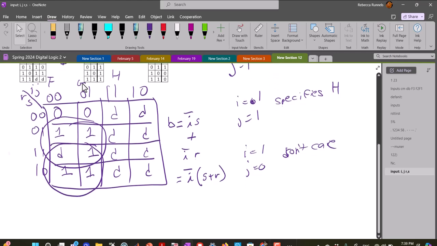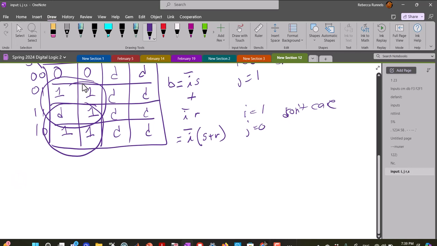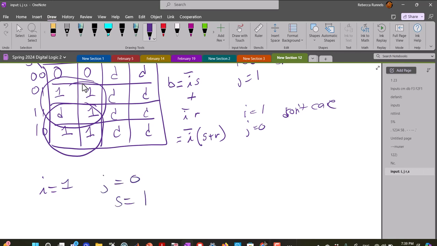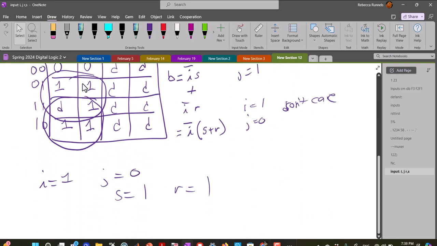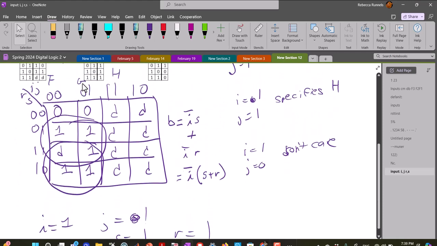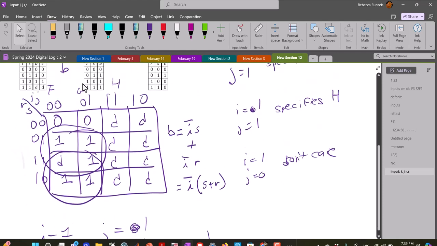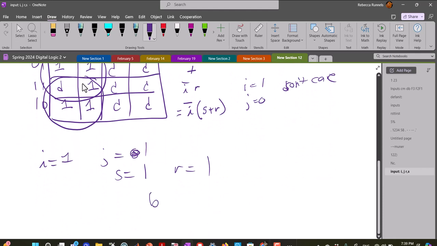So let's just make sure that works. Let's make sure that I would get the right value. Let's say I wanted to figure out what my value for B was. Let's say I had I equals 1, J equals 0, S equals 1, and R equals 1. Oh, I chose a don't care. Let's have I1, J1. So I1, J1 would be H, and S1, R1 is 1, so this is telling me I should get B. Let's make sure that works here.